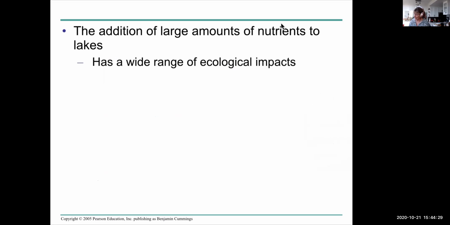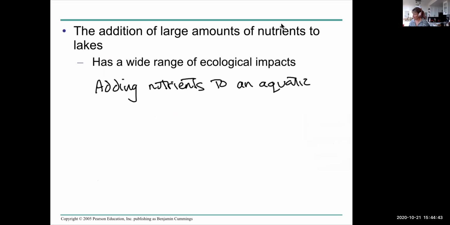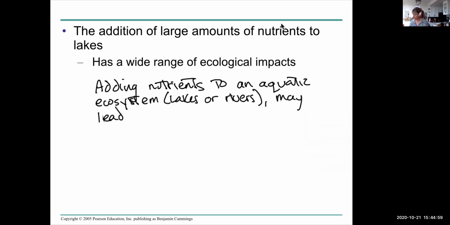Adding nutrients to an aquatic ecosystem, which can be lakes or rivers, may lead to eutrophication.